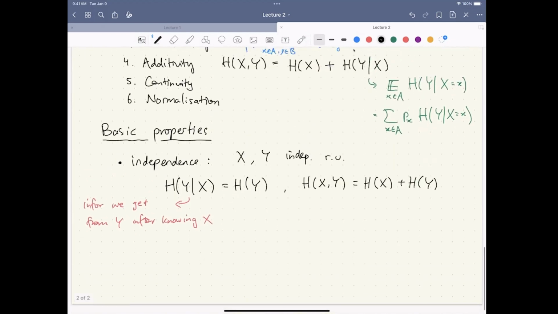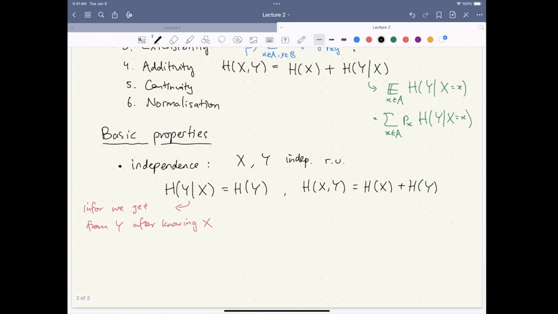The amounts of information they offer are disjoint. Independence, a very important property.